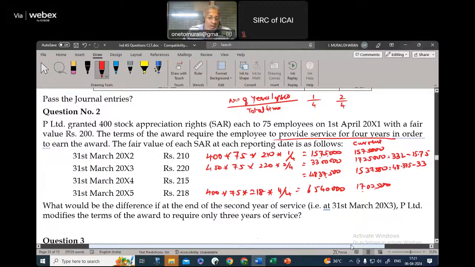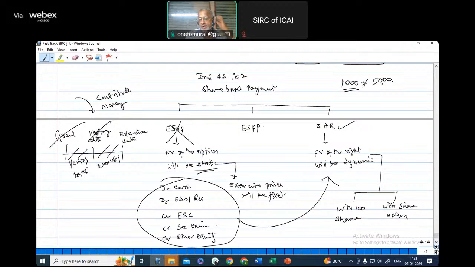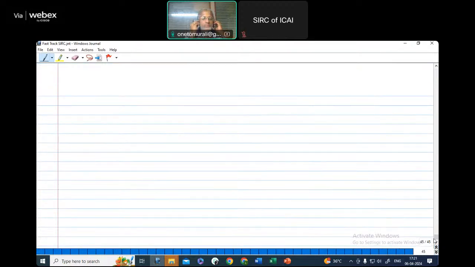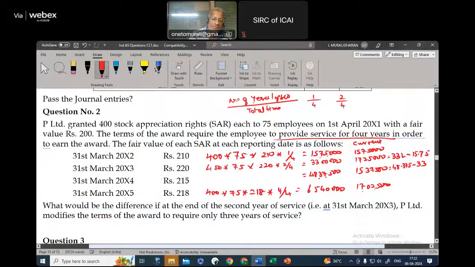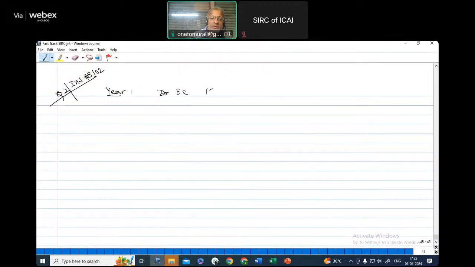So then, what is the journal entry that we are expected to pass? Question number 2, Ind AS 102. Year number 1: debit employees cost 15,75,000, credit SAR liability.